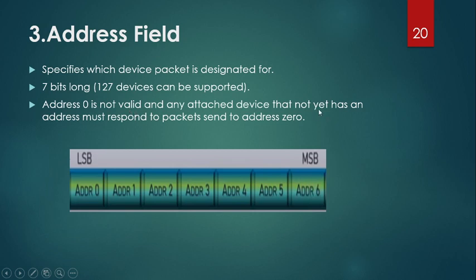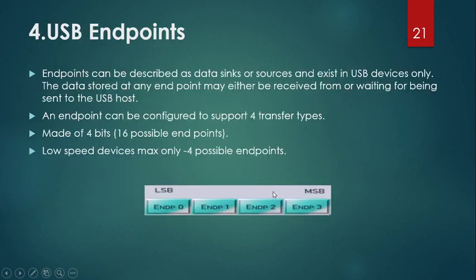Any attached device that does not yet have an address must respond to packets sent to address 0, that is, when the host has detected a new device, that device can respond to the host. So the 7-bit address field supports a maximum of 127 devices.